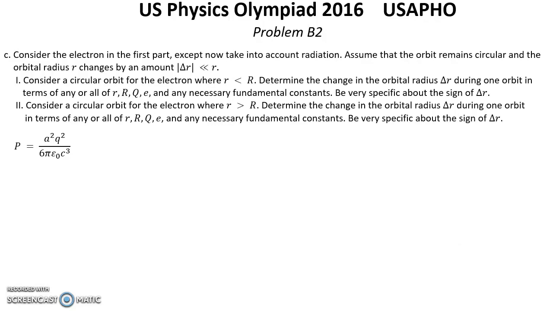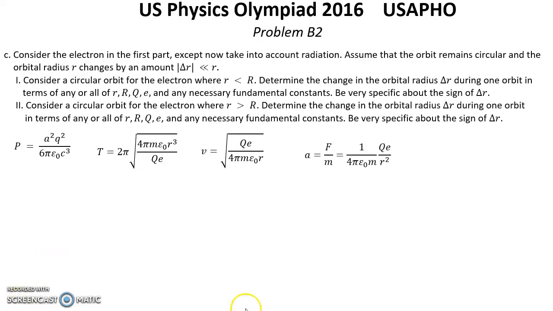Question 2. Now consider a circular orbit for the electron where small r is greater than big R. Solution. We still have power equal to this expression, but now we have different approaches for speed and acceleration. For period we had this expression, for speed we had this expression, and for acceleration we can count.